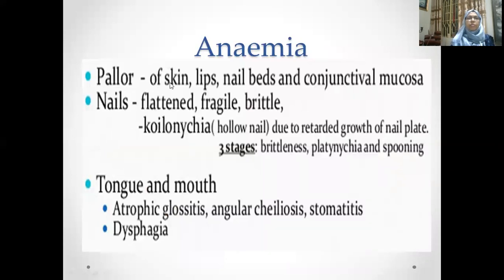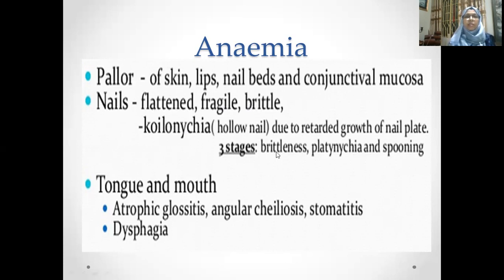So you have to look at the skin, lips, oral cavity, nail bed, and conjunctiva. Nails are flattened, fragile, and brittle, and ultimately become spoon shaped, what we call koilonychia.